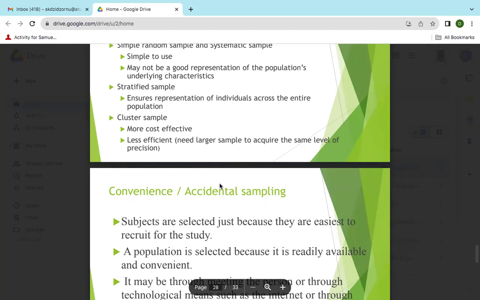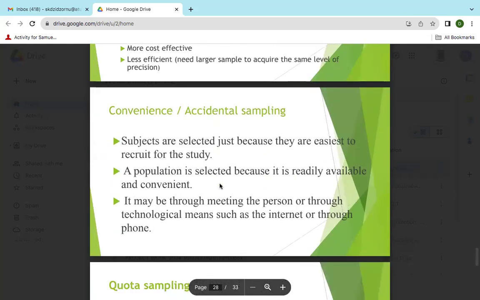Okay, so for non-probabilistic sampling, as you recall, we said that it doesn't ensure that every member of the population has an equal likelihood of being selected, right? So that's just about it. They were only interested in obtaining a defined number of units.